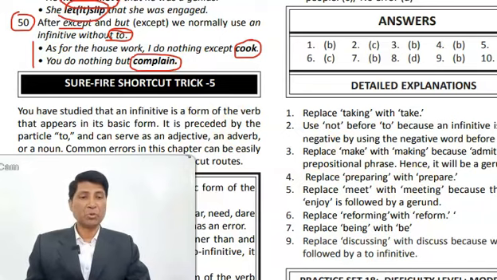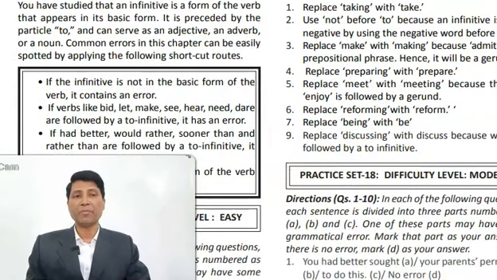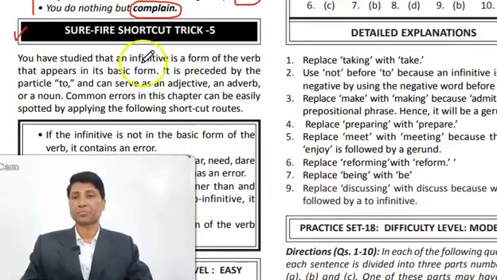Now it is time to understand the entire chapter with the help of surefire shortcut trick number 5 that you can see in front of your eyes. So how is it going to help you? Let me show you. First of all, it is summarizing the entire infinitive chapter. Read it carefully.